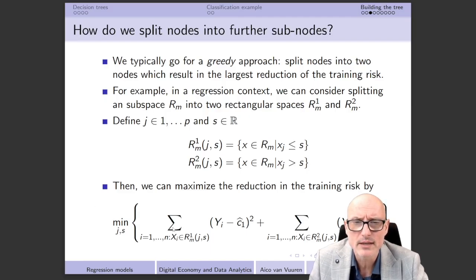The non-standard thing is that we have to do it with respect to the different j's. But finding the s's for a given j is a relatively simple problem. What we can do is take the first order derivatives with respect to these functions, and then try to find, at least numerically, an optimal level of s for any j. And because j is finite, this is a relatively simple problem, at least for a computer.